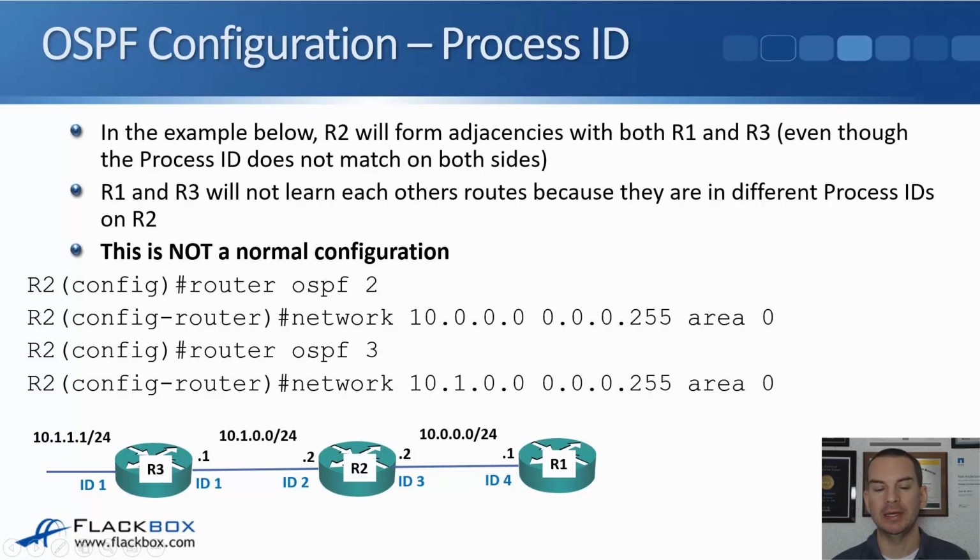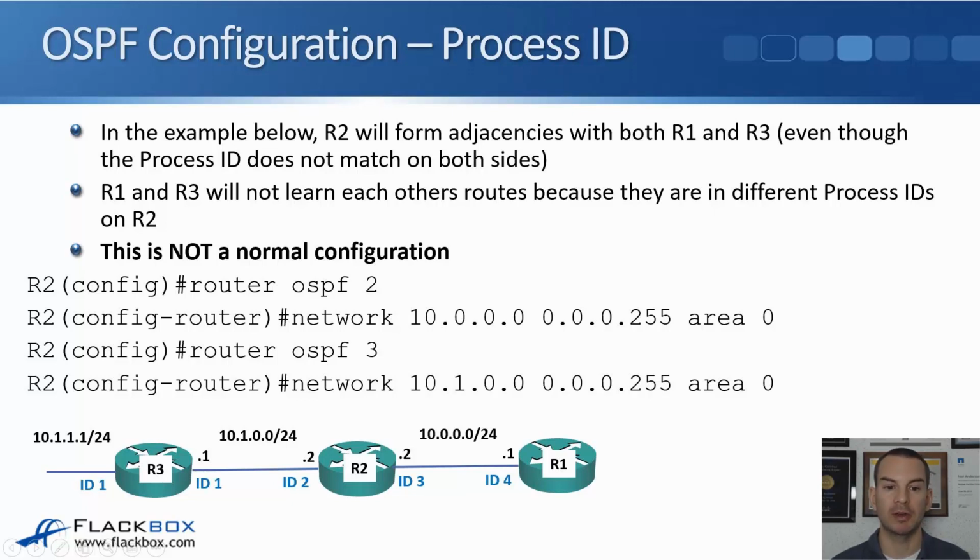In our example here, on R2, the left-hand and the right-hand interfaces are in two different processes. So they're going to have separate link state databases, and information is not going to be shared between the two sides. So R1 and R3 will not learn routes to each other because both sides are in different process IDs on router 2.